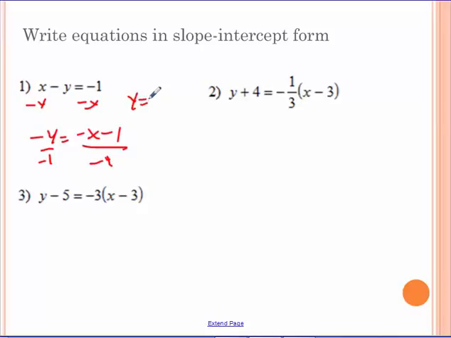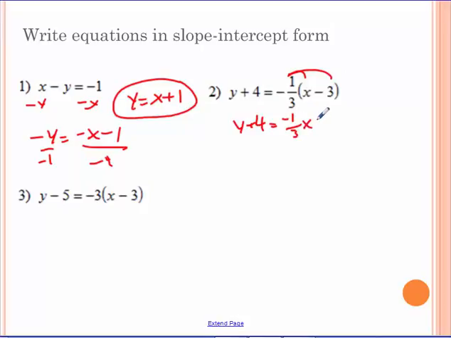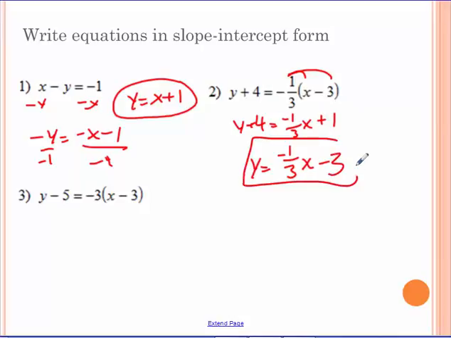So we get y equals x plus 1. Over here, let's distribute the negative 1/3. So y plus 4 equals negative 1/3 x plus 1. Negative 1/3 times negative 3 is positive 1. Go ahead and subtract 4 from both sides. You get y equals negative 1/3 x. 1 minus 4 is minus 3.